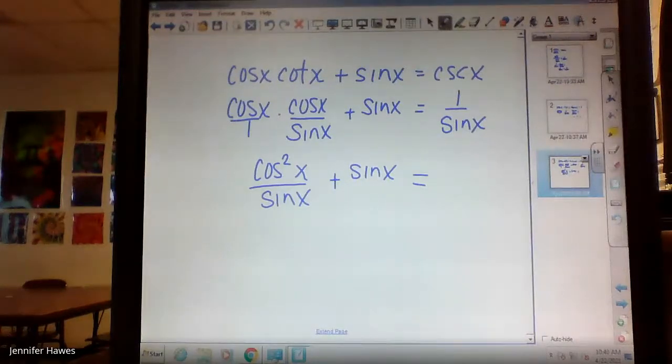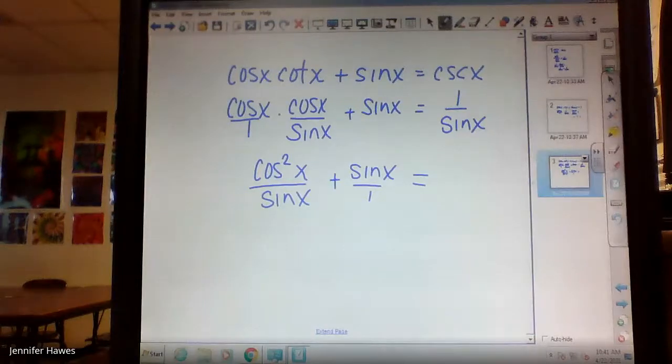Okay, so common denominator, how do I add fractions? Common denominator, you do like 2/3 plus 1/2. Okay, so right now, its denominator is 1. So, times by sin x.